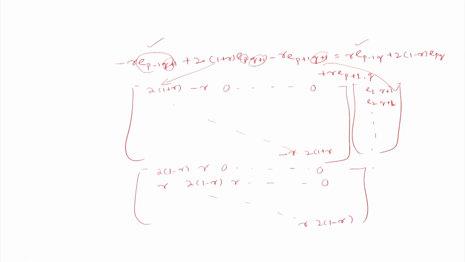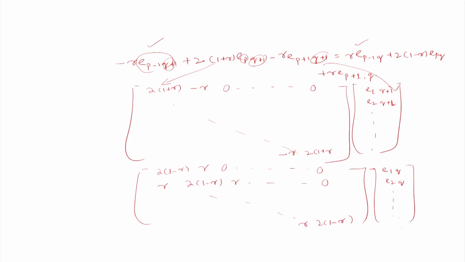And the coefficient, since q is fixed here, can be written as E1 q, E2 q up to E of n minus 1 q.